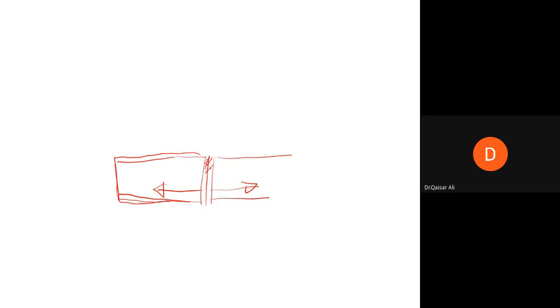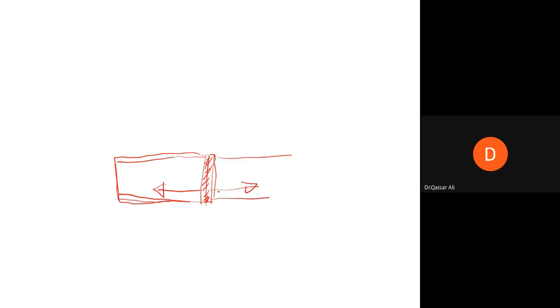And also the compression stresses are along the length of the beam in the upper part of the beam. So when you try to pull two pieces in the opposite direction, for example, these are two pieces of a beam which have been glued together with a glue.